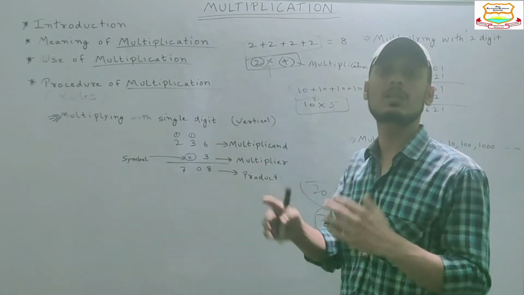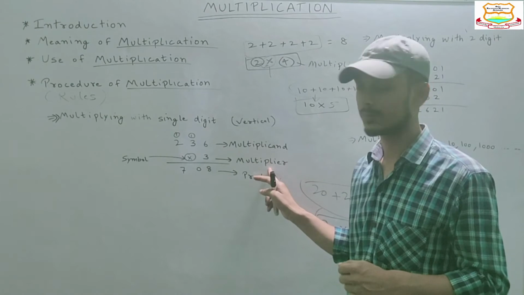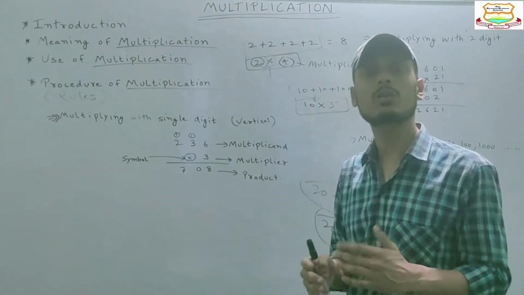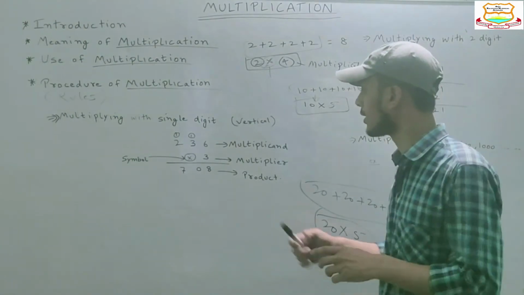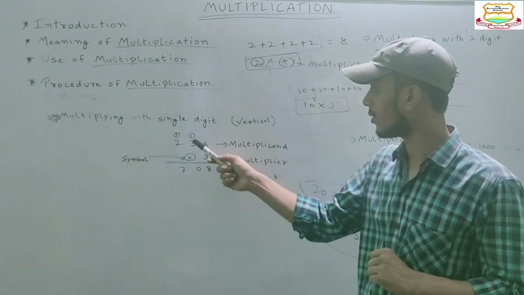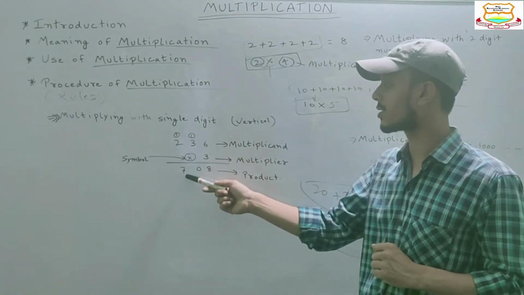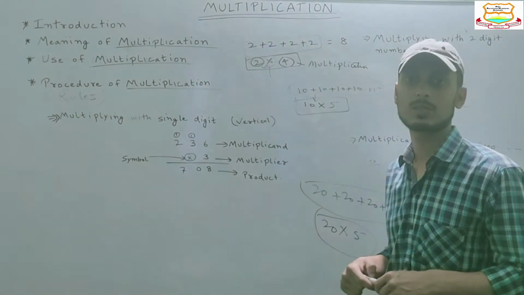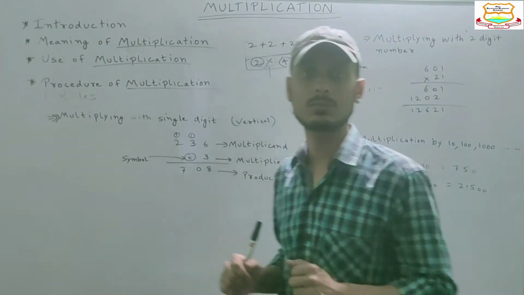The number which is multiplied by is called multiplier. The answer or the result that we get after multiplication is called product. Means when we multiply 236 by 3, we will get the answer 708. Then the answer will be called the product. Got it?